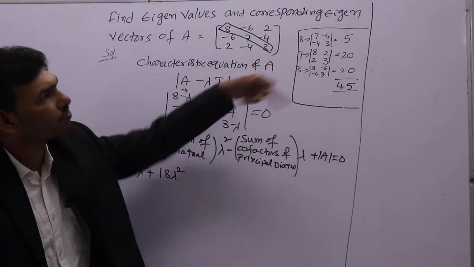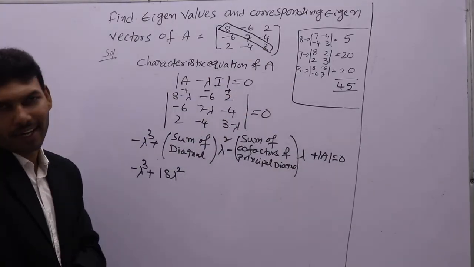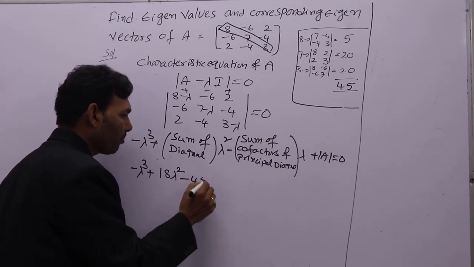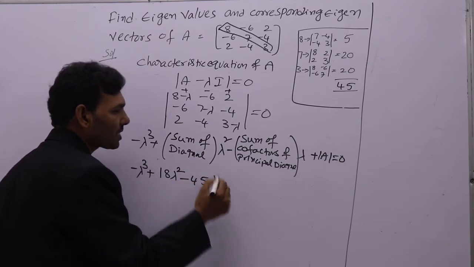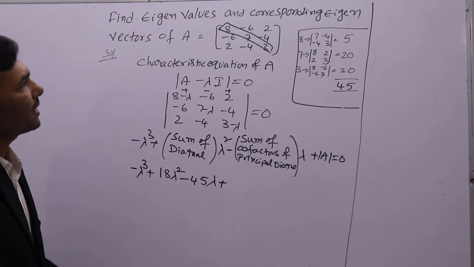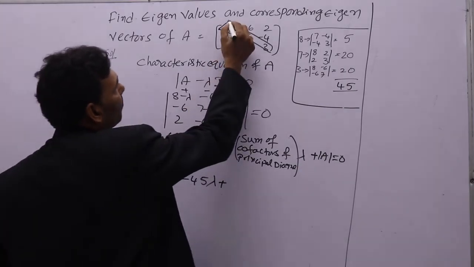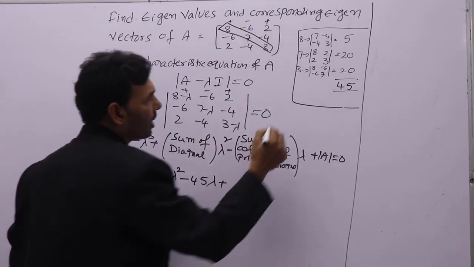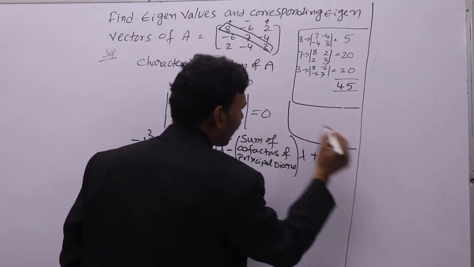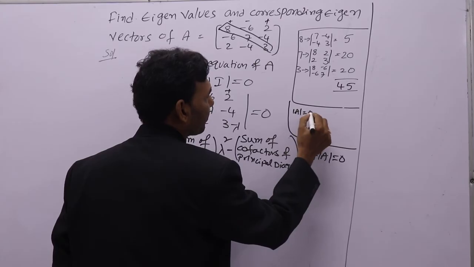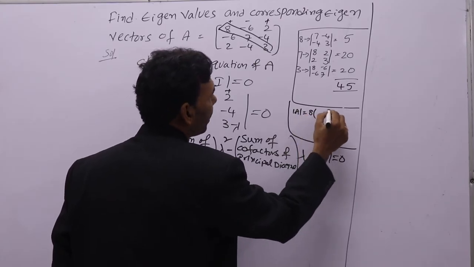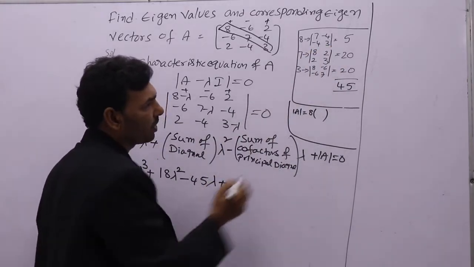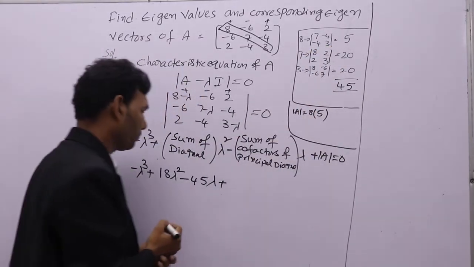That sum: 20 plus 20, 40. 40 plus 5, 45 lambda. Plus det A. Det A, you know very well, by giving cofactor signs plus, minus, plus. I am calculating det A also here. 8 into its cofactor, already calculated: 8 into 5.